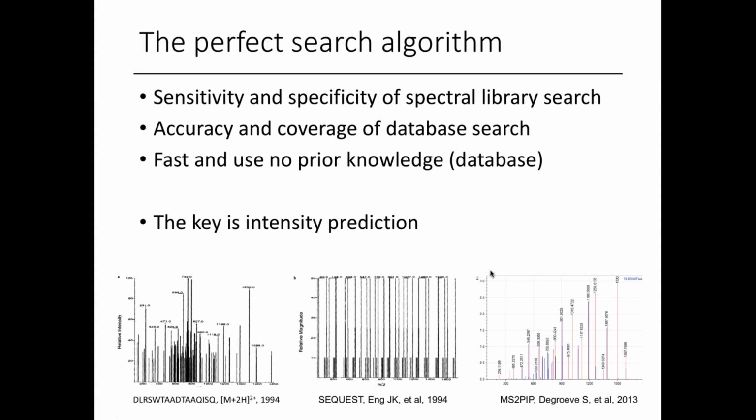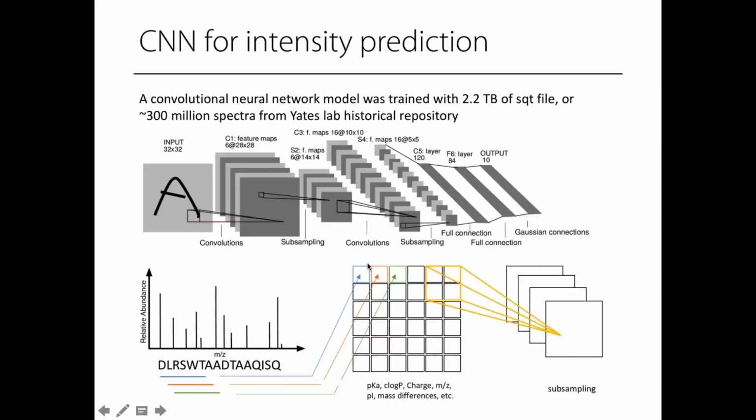This MS2PIP paper, I think, is the first one showing that we can use large existing identified data and train a model to predict intensity. With this in mind, here's what we did. We trained a convolutional neural network for the prediction of intensity.